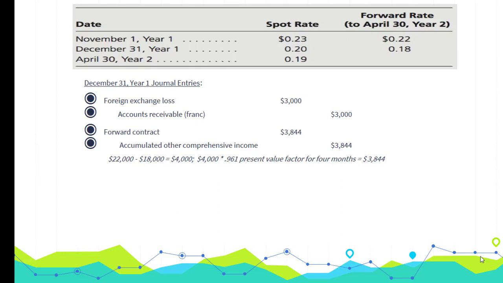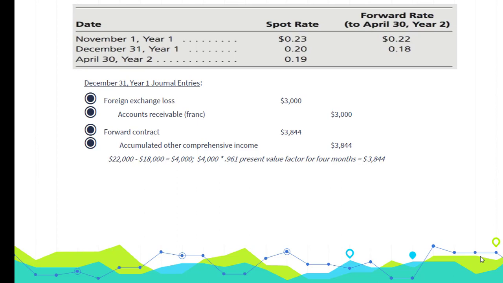Another thing we have to keep in mind is that the forward contract has to be recorded at present value because the forward contract will be settled on April 30, year 2. That's 4 months from December 31. So the $4,000 nominal value of the forward contract is a future value for April 30 of year 2. We need to represent the forward contract as an asset in present value terms.